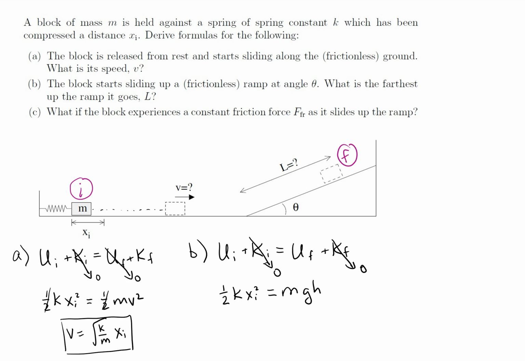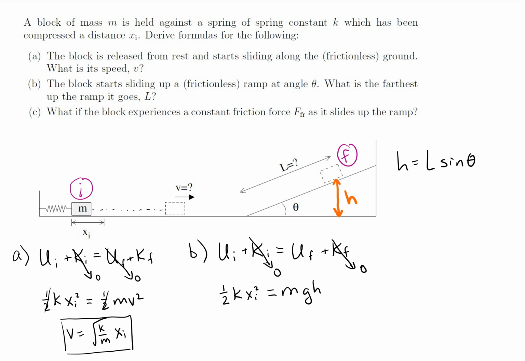That's my usual expression for gravitational potential energy, mgh, where this is h. But what I actually wanted was the distance up the ramp L, so I'm going to do a little bit of trig over here and say that h equals L sine of theta.